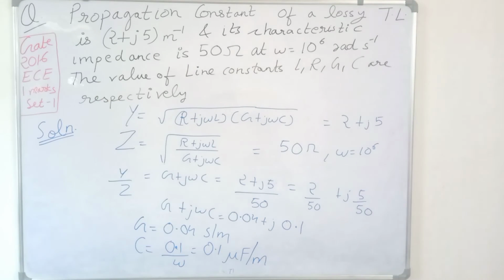So these are the values of the line constants: R is equal to 100 ohm per meter, and L is equal to 250 microhenry per meter, which we found earlier.